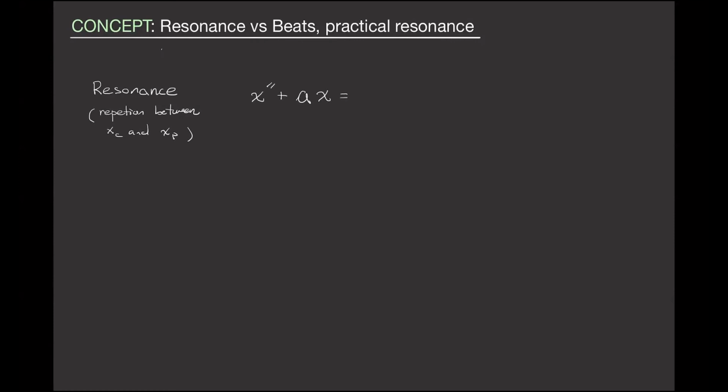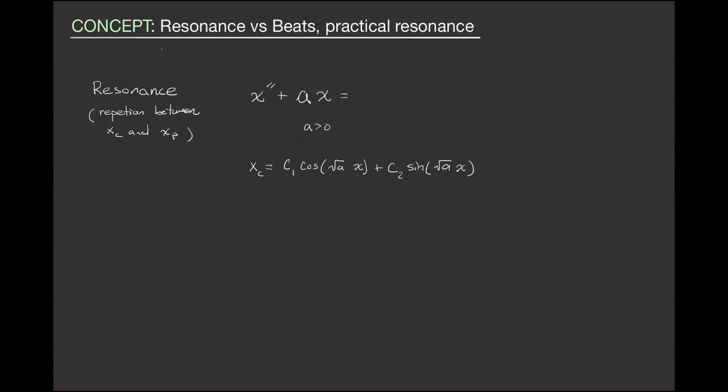Now, if we pick a to be positive, then when we try to find the roots of the characteristic polynomial corresponding to this, when we try to find the complementary solution, what we'll end up getting in that case is going to be c1 cosine of square root of a times x plus c2 sine square root of a times x.